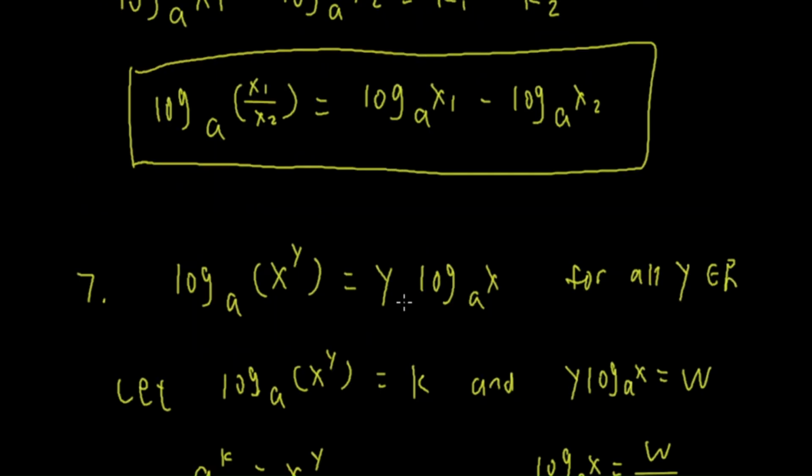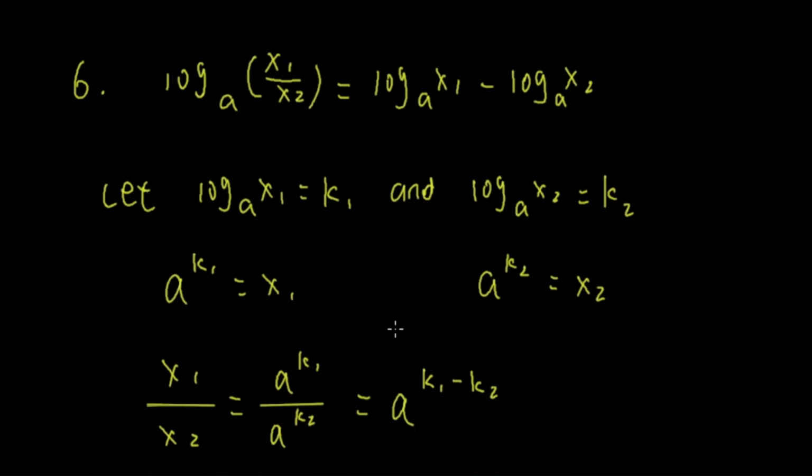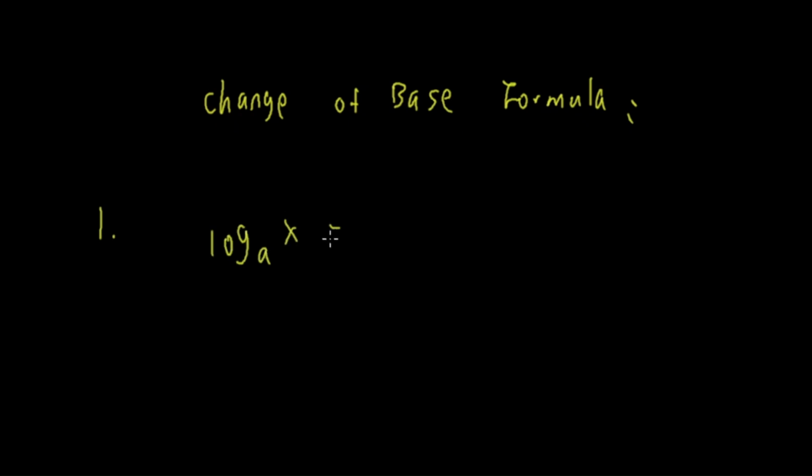Next. Let's talk about the change of base formula. Number 1, log x to the base a is equal to log x to the base b, which is a different base than this one here, over log a to the base b.